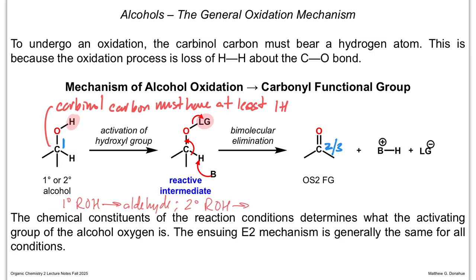A secondary alcohol would have to be oxidized to what? A ketone, because the carbonyl is now on one of the internal carbons. You cannot oxidize a tertiary alcohol. It does not have an H on that carbonyl-carbon to eliminate. So primary alcohol to aldehyde, secondary alcohol to ketone, that's a one-stage oxidation.